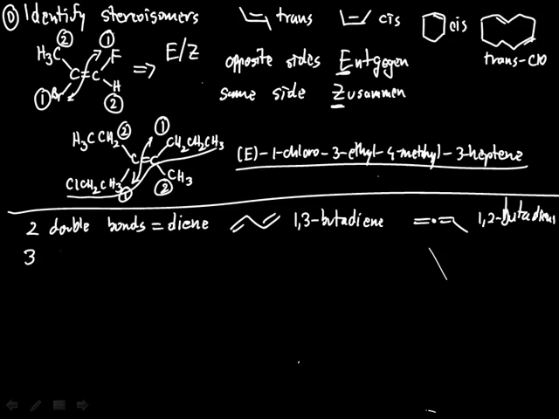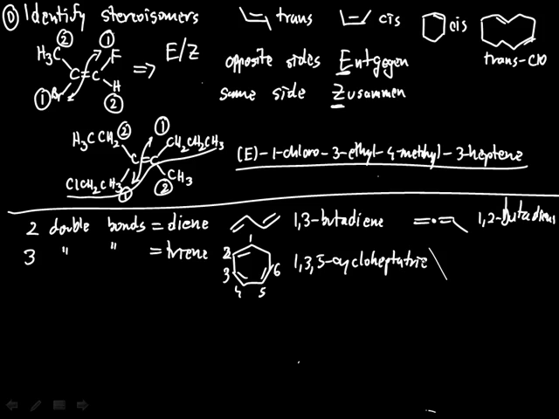If we have 3 double bonds, then clearly the system would be a triene. We can go as far as we want to, but this system, for example, would be 1, 2, 3, 4, 5, 6. This would be 1,3,5-cycloheptatriene, and so on.